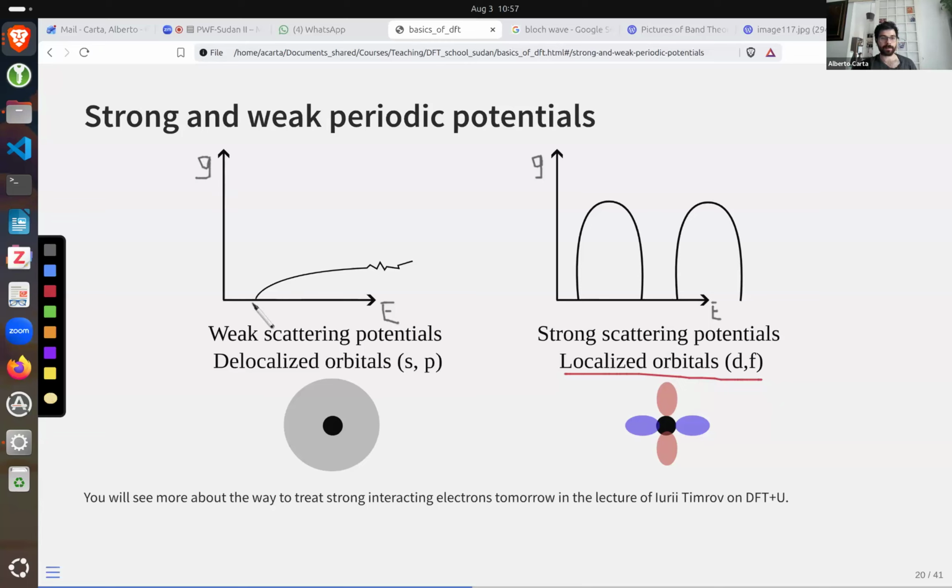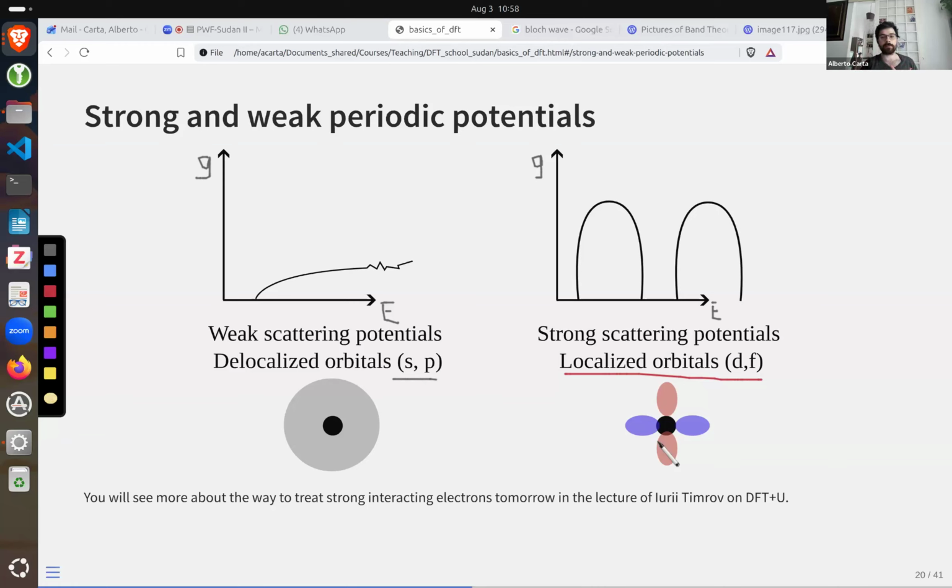If you remember, a weak scattering potential means delocalized s or p electrons, and this is the question of your colleague: what systems are free electron gases? These are generally very delocalized electrons, more electron gas-like, while systems with localized orbitals, where the periodic potential changes the structure a lot, are more atomic-like.